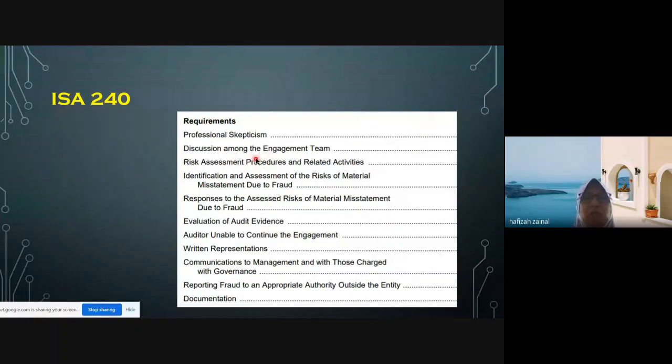How to identify risk, how to assess risk, how to respond to the risk, how to evaluate audit evidence, and if auditors cannot continue the engagement, what would be the auditor's responsibility, and so on.